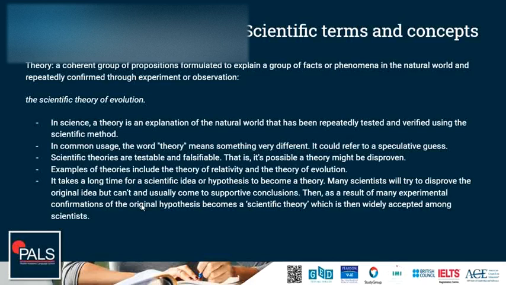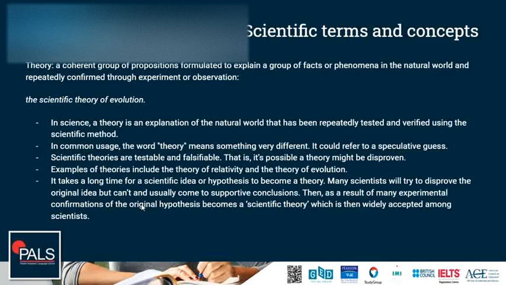So before a scientific hypothesis, an idea becomes a theory, many scientists will try to disprove it, but usually all of them come to a supportive conclusion, or most of them, more than 90%. And then over time, as a result of all these many experimental confirmations of that original hypothesis, it becomes a scientific theory, which is widely accepted amongst scientists.